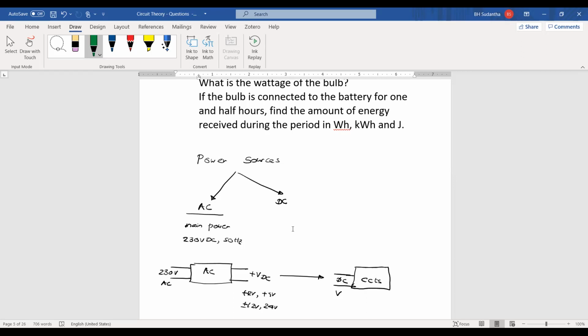All these circuits have sensitive components like ICs, capacitors, resistors, diodes, and transistors. Those components need DC voltages. So although AC power sources are there, after receiving this AC power we convert it into DC, and inside that circuit this will happen. Then after converting this AC voltage into DC voltage, we can feed that DC voltage here.